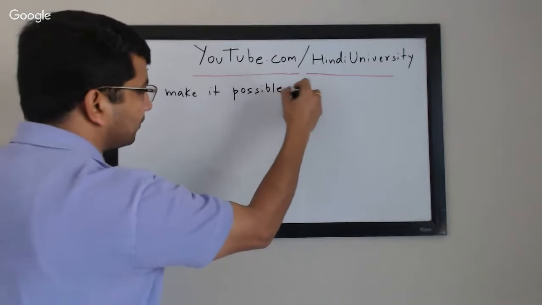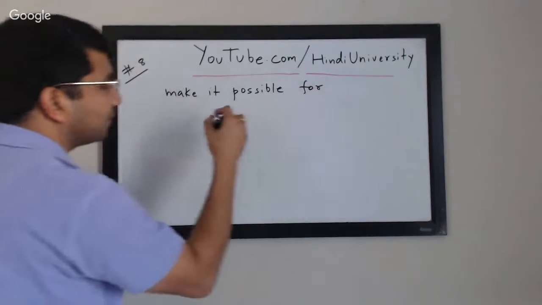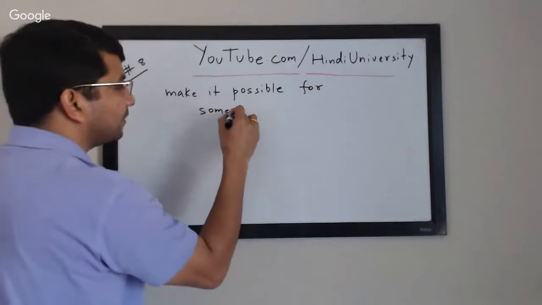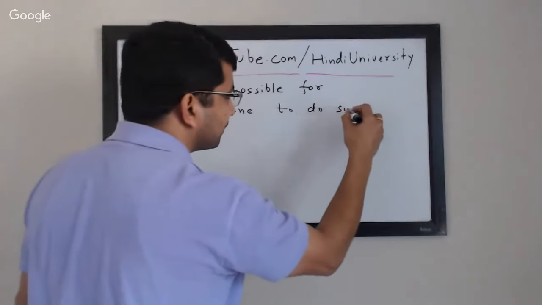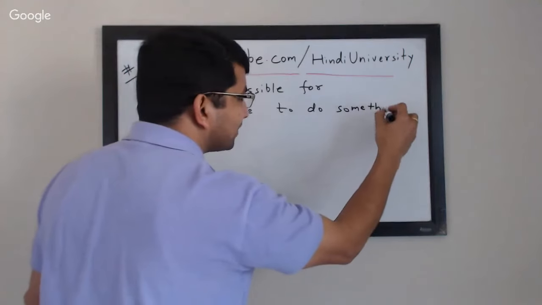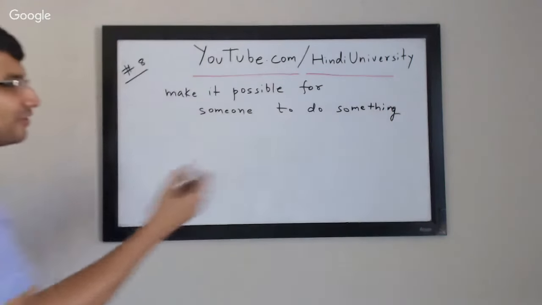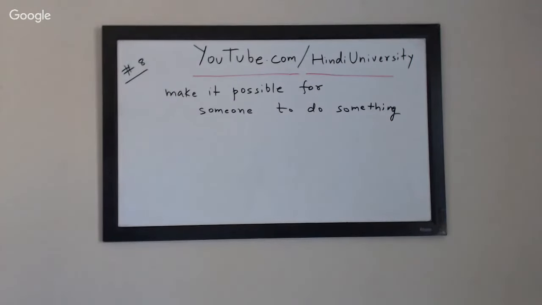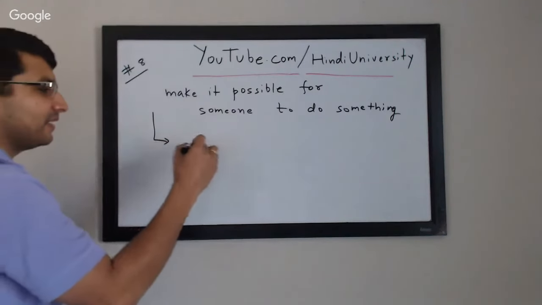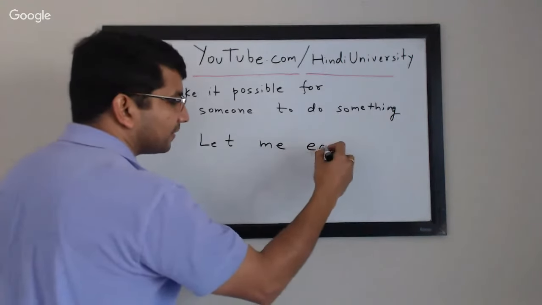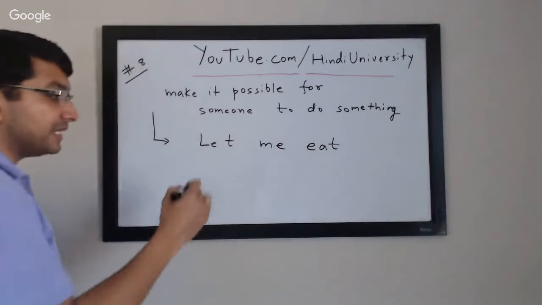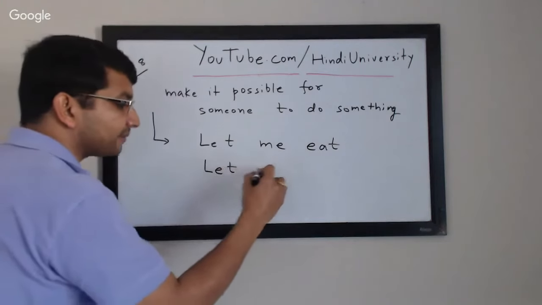Now you might say, what the heck is this? It's such a long sentence, it doesn't really make sense. But think of the scenario as like, let me eat, or let me sleep.